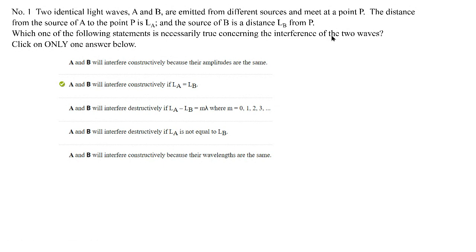Okay, so then we go through the statements. It says A and B will interfere constructively because the amplitudes are the same. Now, is that correct? Cannot be. Because if it's constructive, what would that point P be? I need your help. If it's constructive, the point P, would it be dark or bright?